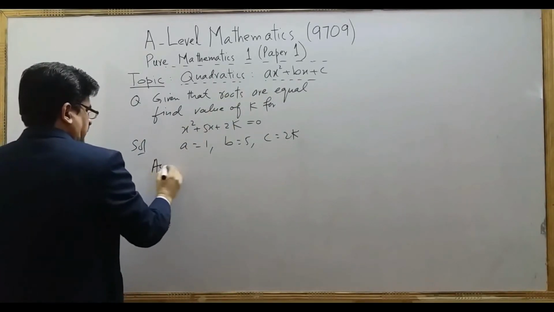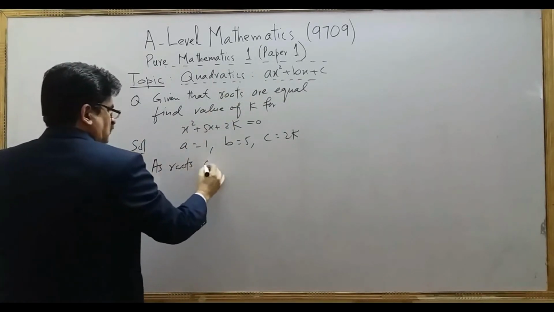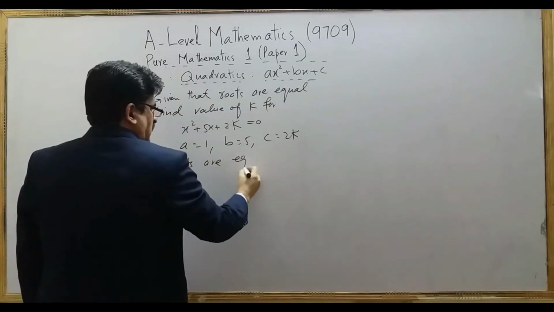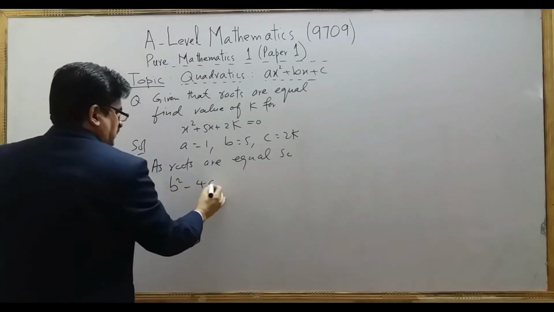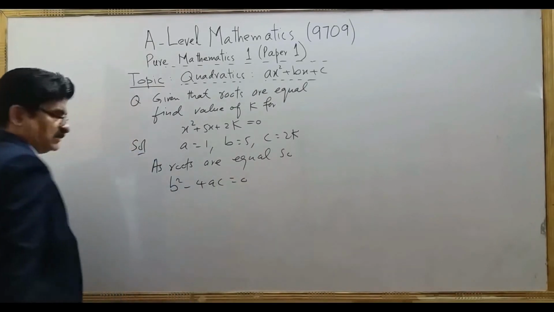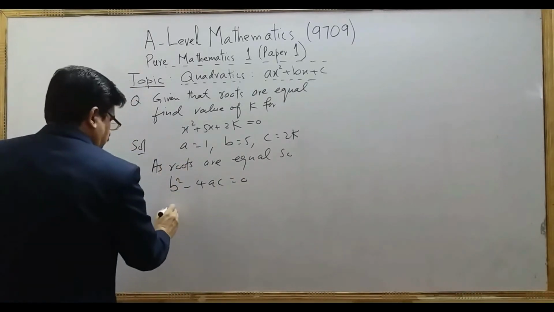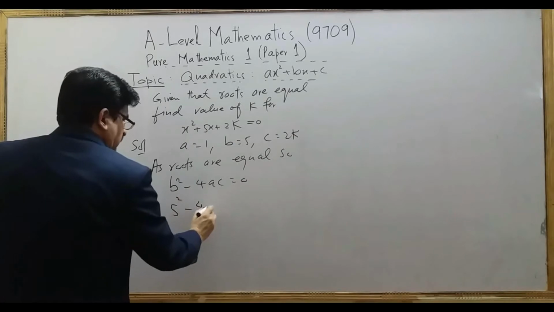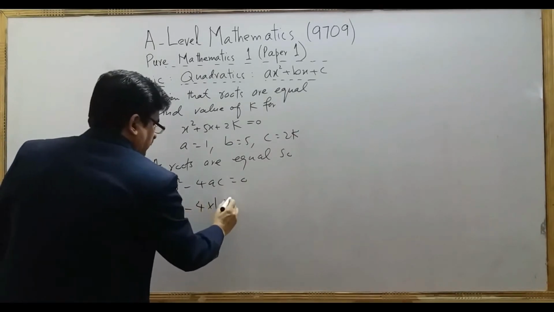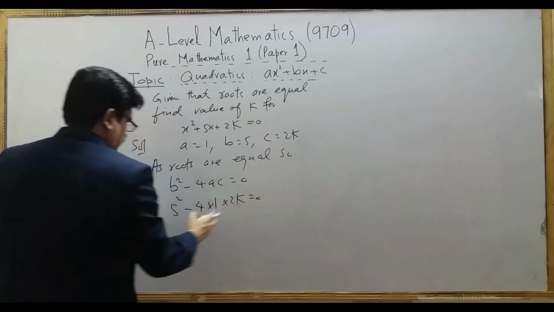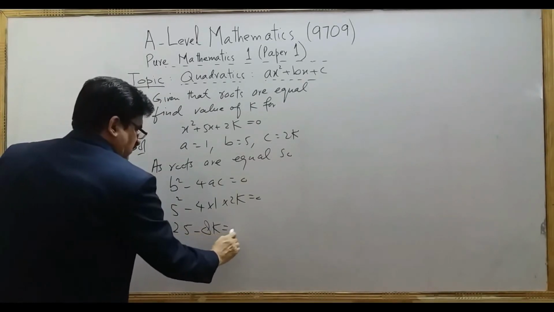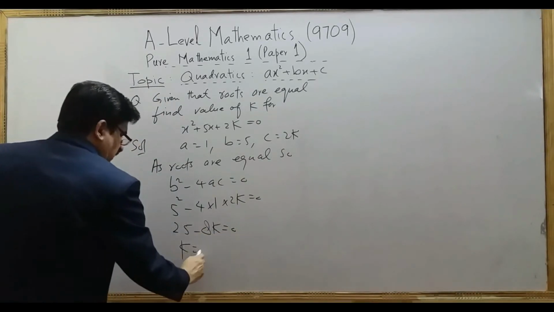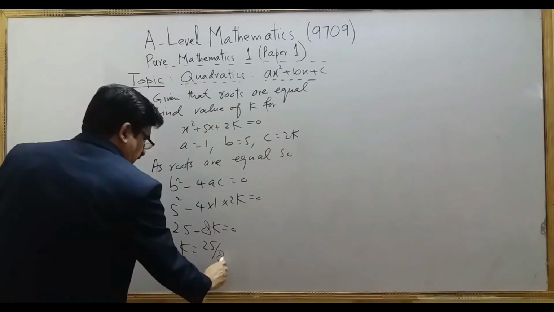So you will write that as roots are equal or repeated, the discriminant, as we have learned, is 0. So put in the values, 5 square minus 4, a is 1 and c is 2k, equal to 0. So this is 25 minus 8k equal to 0. From here you will get the value of k to be 25 over 8.